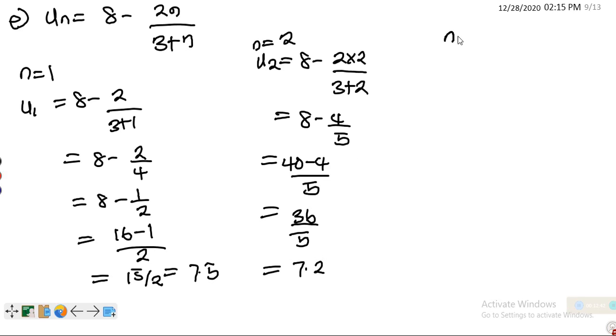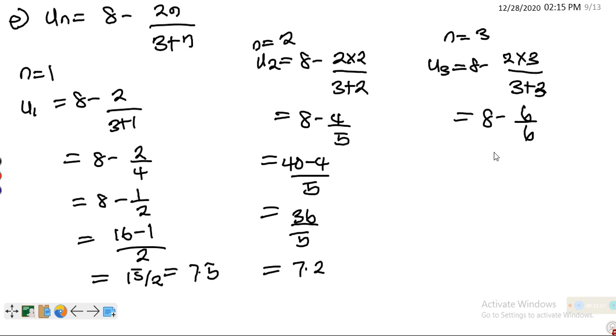Then the third term, when n equals 3, u3 equals 8 minus 2 times 3 over 3 plus 3, which is 8 minus 6 over 6. So 6 over 6 is 1, so 8 minus 1 equals 7.